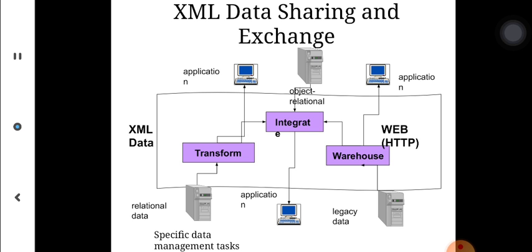Now, XML is the data sharing and exchange protocol. You can see here on one hand you have XML data. These are different applications in the PC. In between you have the hypertext transfer protocol. In one area you see one set of systems called legacy, and another set of systems that is very modern.